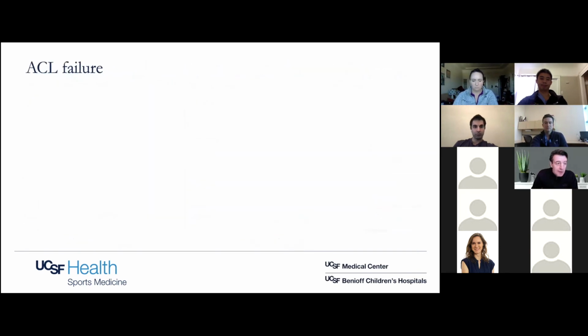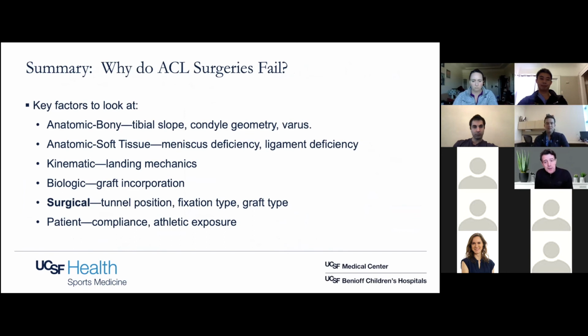So, okay, let's talk about failures. We talked a little bit about tunnel malposition, but if you want to look at a summary of why ACL surgeries fail, you've got to look at everything. Tunnel position is probably the most important, but remember to look at the slope and the varus alignment.